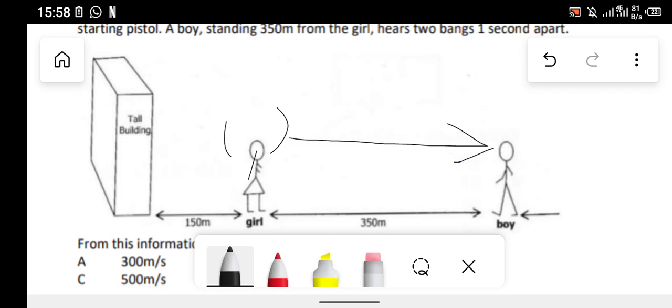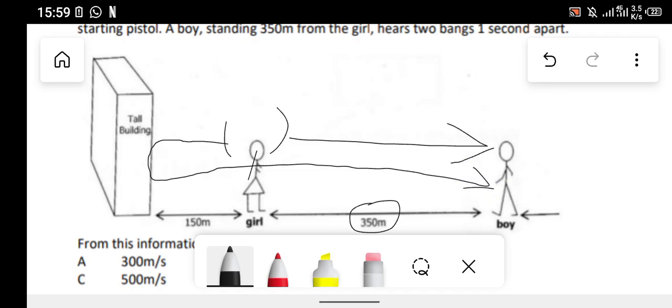This sound wave traveled a distance of 350 meters, and we call this the direct sound. Then the question says he hears two bangs, meaning that this one went this side, hit the building, then reflected back and reached the boy.